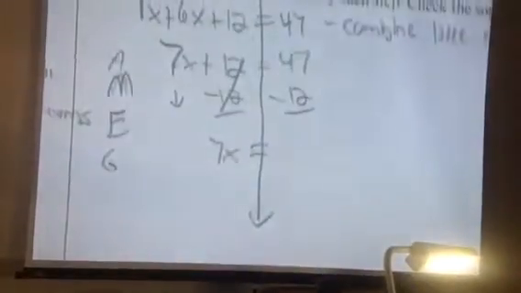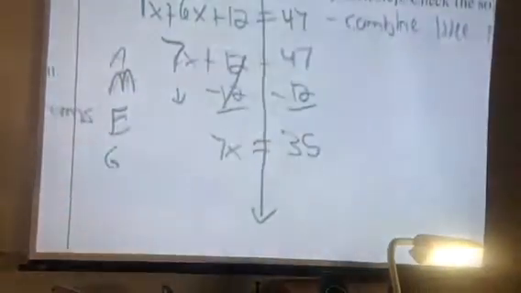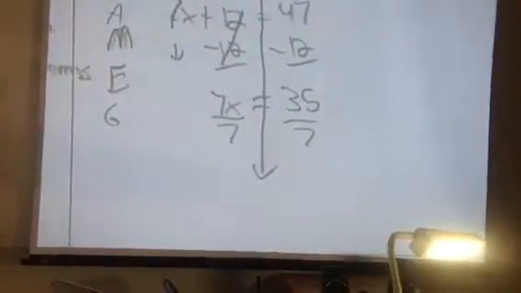So 7x plus 12. I'm going to subtract 12 on each side. Drop down that 7x. That gives me 7x equals 47 minus 12, which is going to give me 35. I have one step left. That's divide by 7 on each side because I have multiplication that I need to get rid of. Those cancel. That gives me x equals 5.